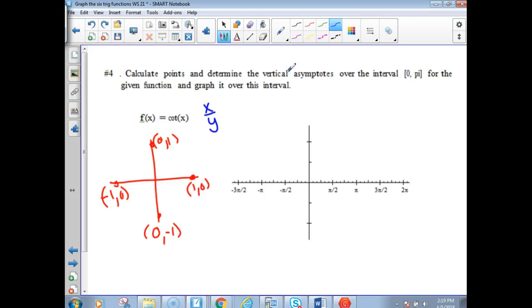So this is an asymptote. The cotangent at pi over 2 would be x over y, so it's 0. And then it's undefined at pi. At 3 pi over 2, it's 0 again.